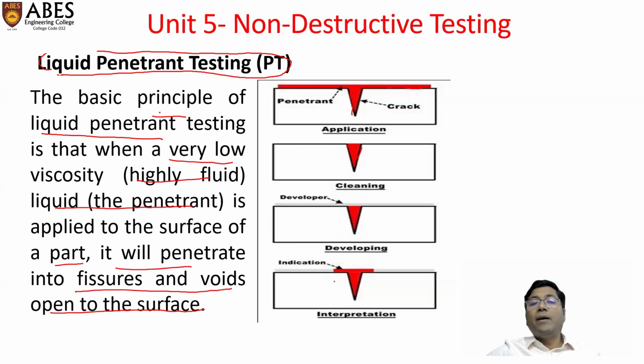That is called developing. After a certain time, the liquid penetrant would make the color of the developer change, and hence we can interpret the exact size of that void or fissure, or whatever gaps or cracks are there on the surface.